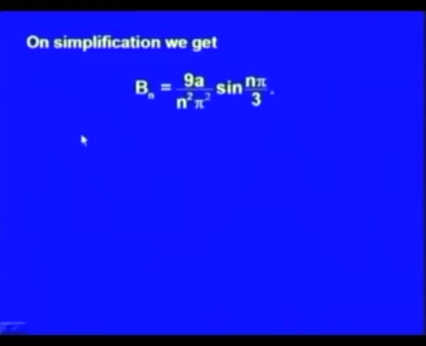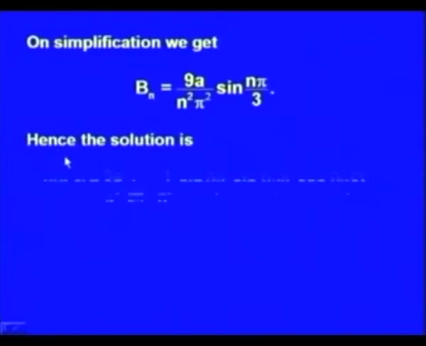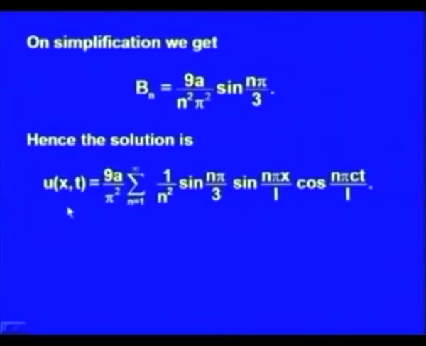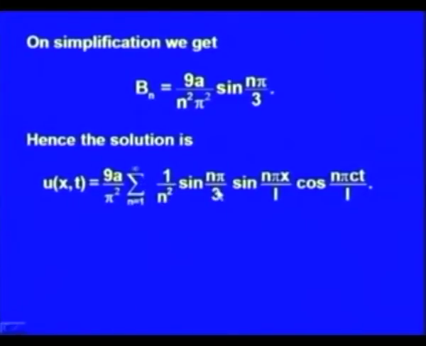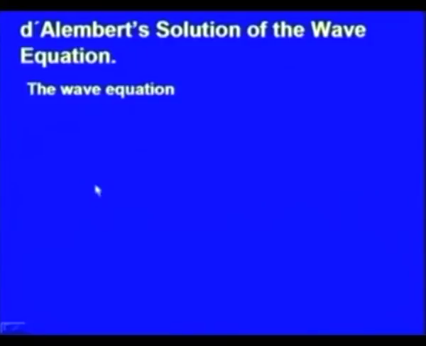When you simplify this, you get the value of B n as 9A over n square pi square sin(n pi by 3), and hence the solution of the given problem is u(x, t) equal to 9A by pi square sigma n equal to 1 to infinity 1 by n square sin(n pi by 3) into sin(n pi x by L) into cos(n pi c t over L).